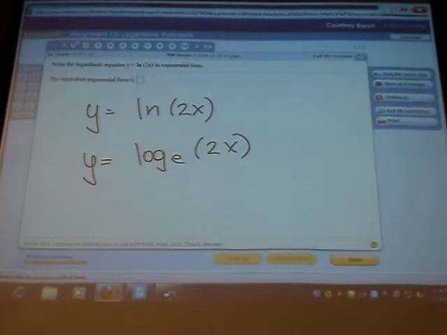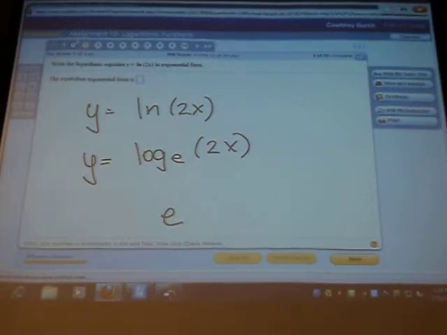So I want to write it as something to a power equals something. E raised to what power? My power would be Y, equals 2x.